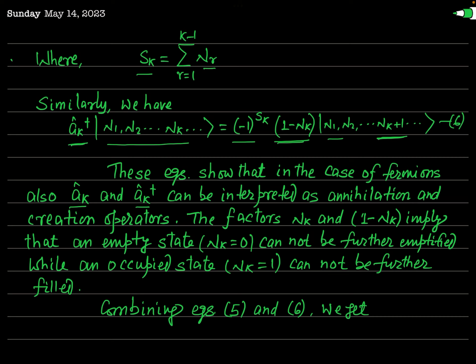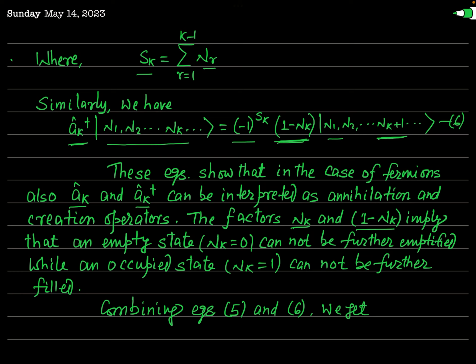Again, you can see that when we operate ak hat, the eigenvalue is nk, and when we operate ak hat dagger, it is in fact 1 minus nk, as you can see here. So in this case, if we take nk equal to 0, then we cannot decrease the value of nk further.